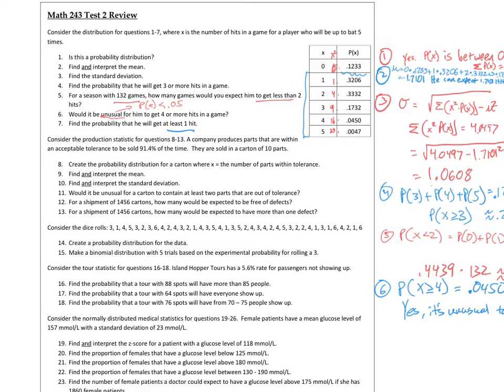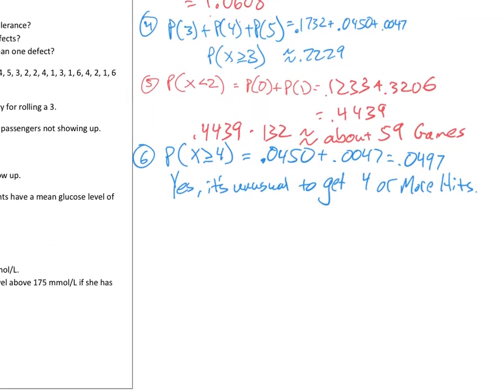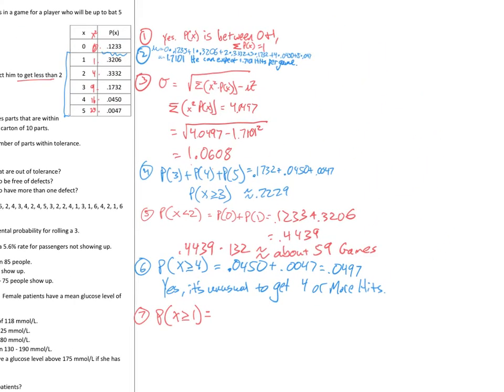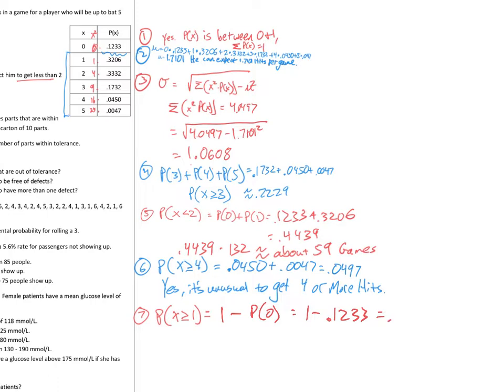All right, so the probability of at least 1 hit, the probability of x being greater than or equal to 1, would be 1 minus the probability of 0, which is 1 minus 0.1233, which should be equal to, what is that, 0.8767, I do believe.